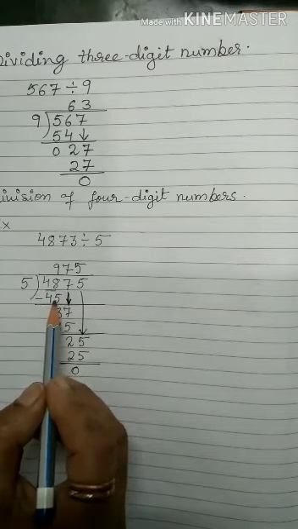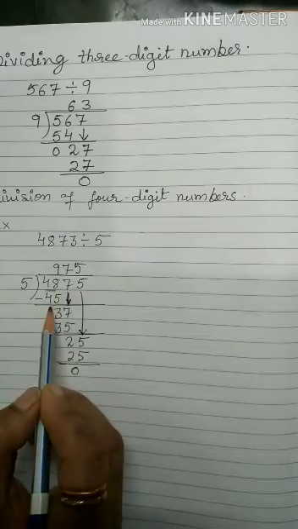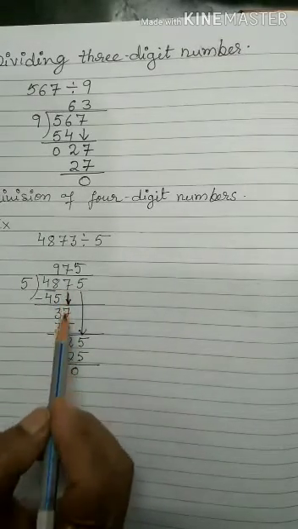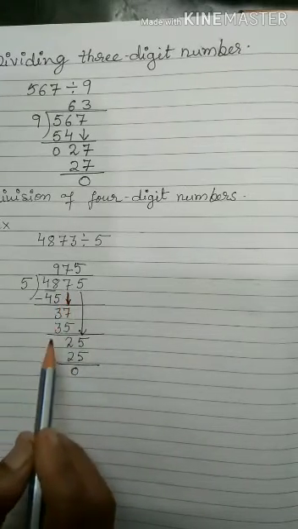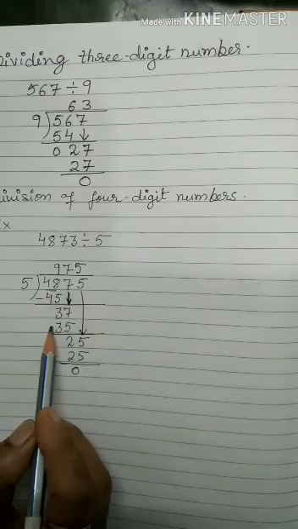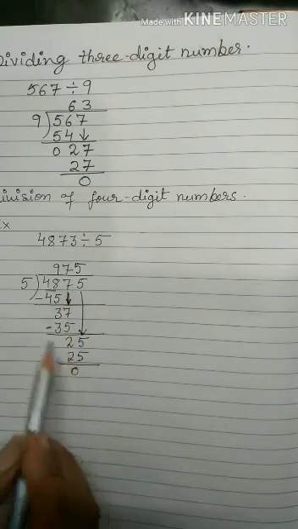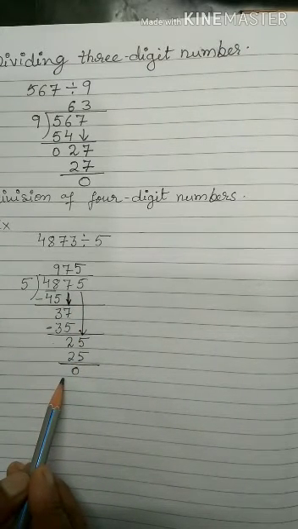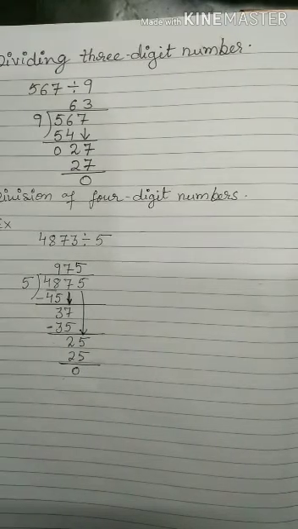How many times will it go? 5 nines are 45, minus, 3. Then 7 is carried down. Then 5 sevens are 35, minus, 2. Then 5 brought down, 25. 5 fives are 25. This way you do Exercise 5.3.